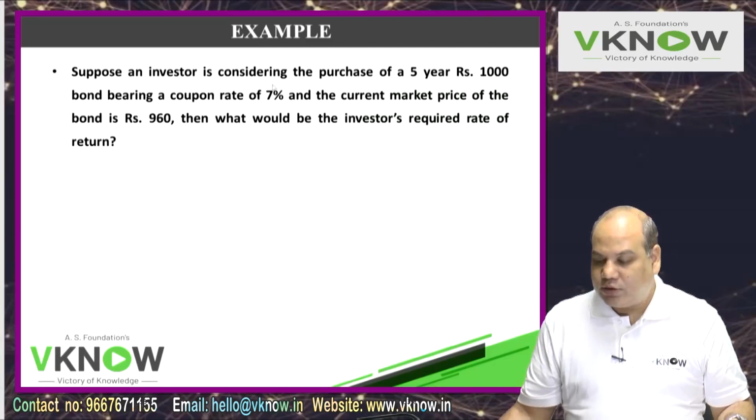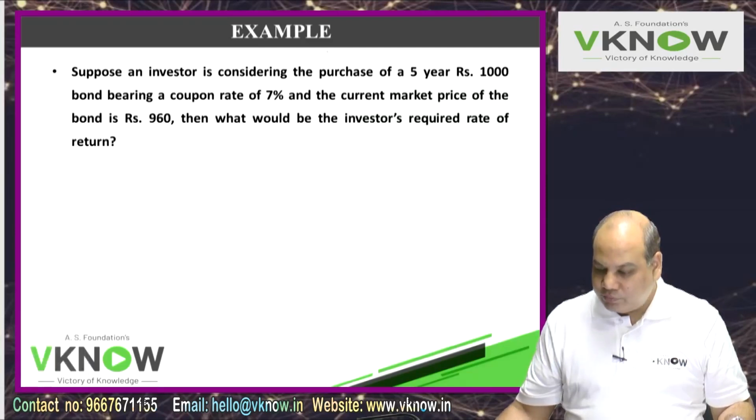Suppose an investor is considering the purchase of a 5-year ₹1,000 bond bearing a coupon rate of 7%, and the current market price of the bond is ₹960. Then what would be the investor's required rate of return?